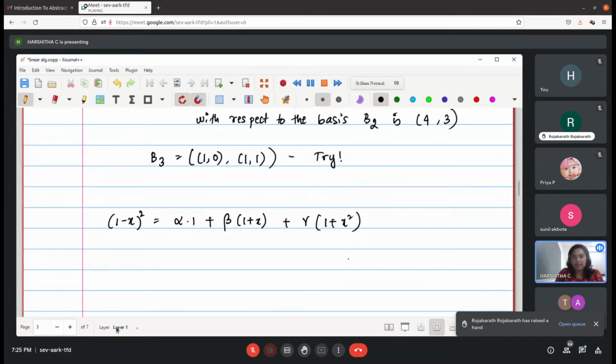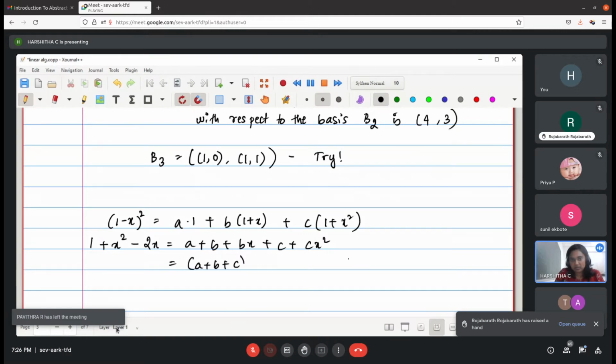Let's change this to a, b, c. So we'll just expand both sides. 1 minus x the whole square is 1 plus x square minus 2x. This is equal to a plus b plus bx plus c plus cx square. So our task is to find out what a, b, c are. We'll combine all the constant terms, plus bx plus cx square.